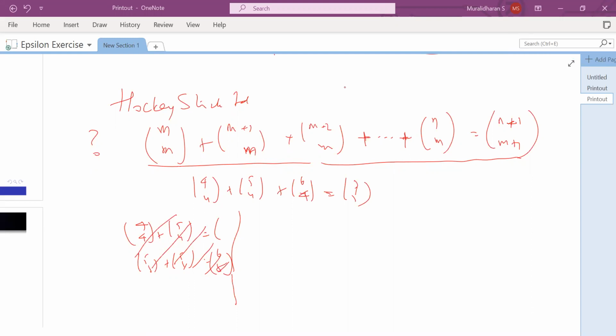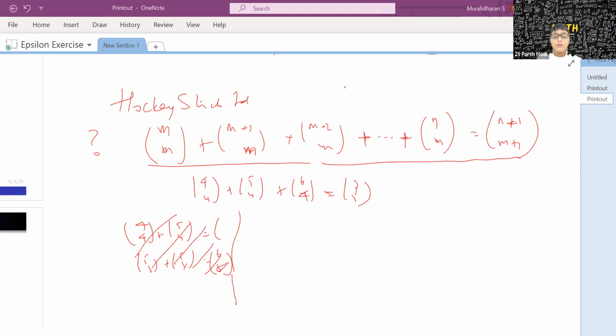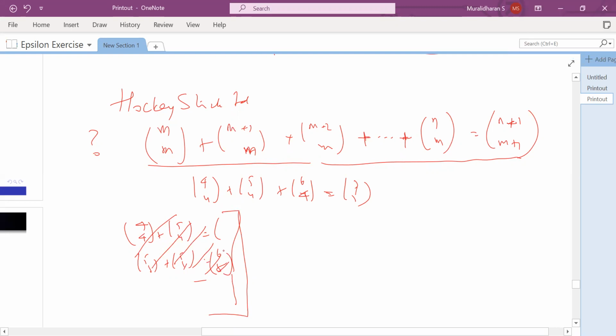If we go on and simplify, we will get the same value. That's lots of hand waving. But anyway, let me.